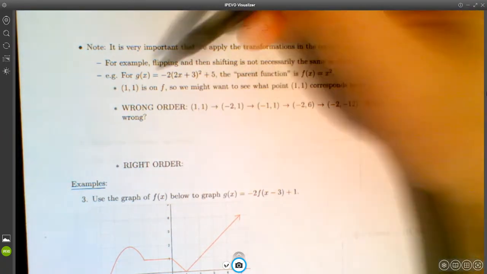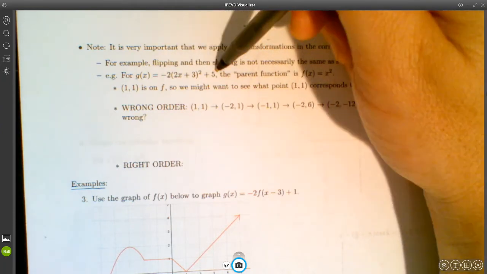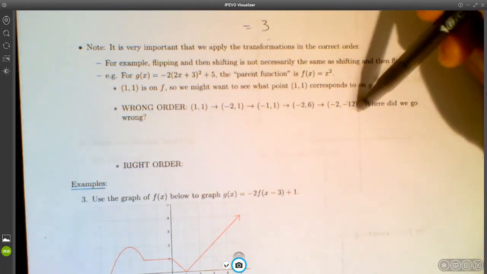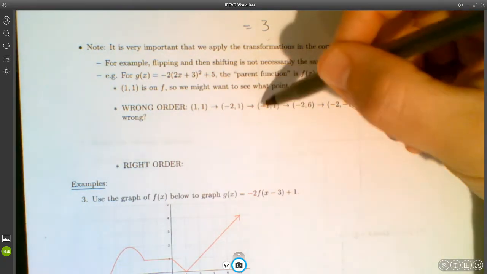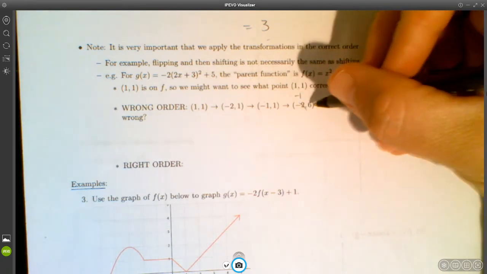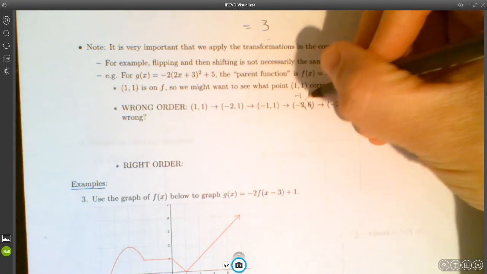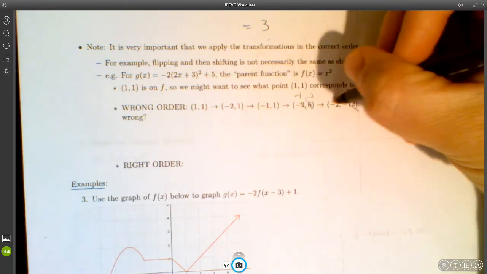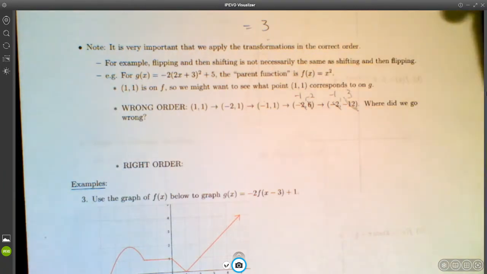So you would take 1, multiply it by -2 and get -2, and then add 5, and you'd get 3. This also has an additional problem where for some reason we went from -1 to -2, and I'm not sure why that changed. But we should have multiplied by -2 first, and then added 5 to end up at (-1, 3).